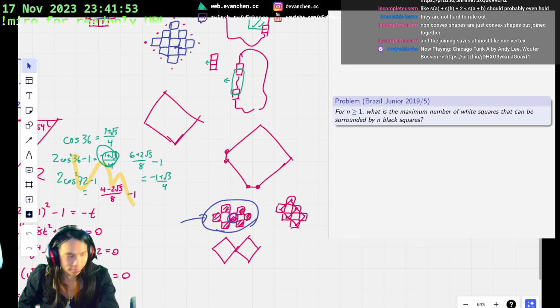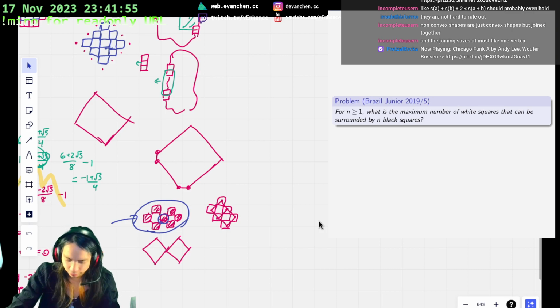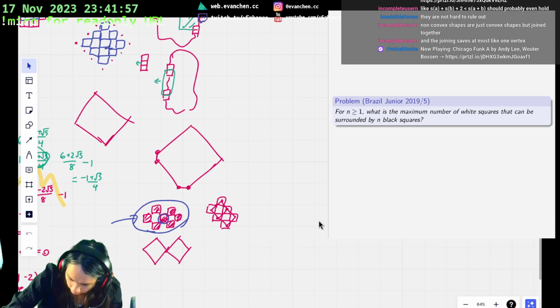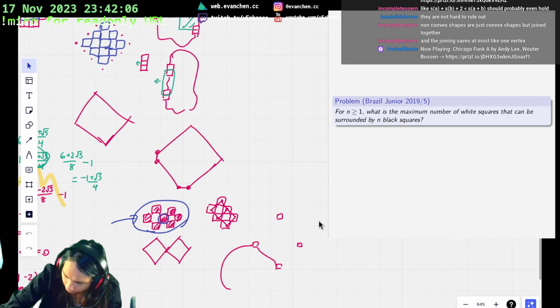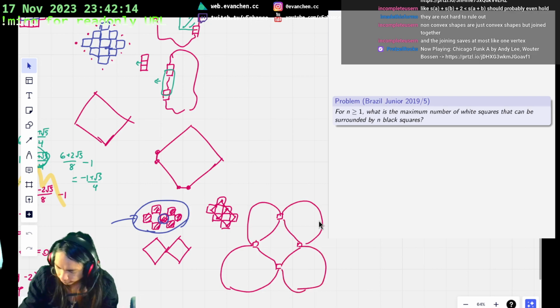Because the problem is, the joining can get worse, right? You can imagine you have these 4 cells or something, and then you have a cycle that looks like that, and a cycle that looks like that, and that. Or some garbage like this, right?